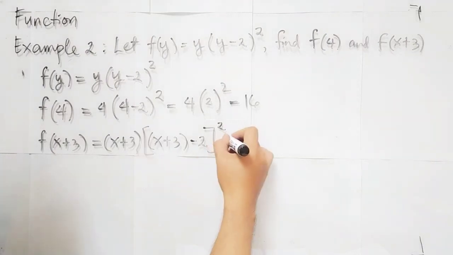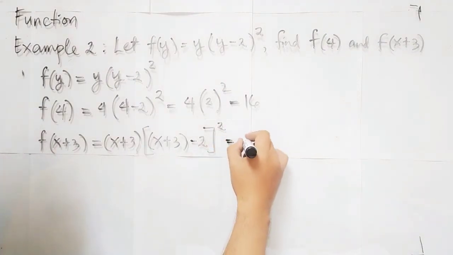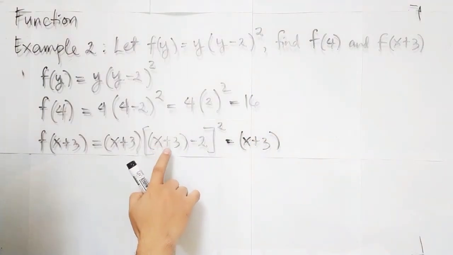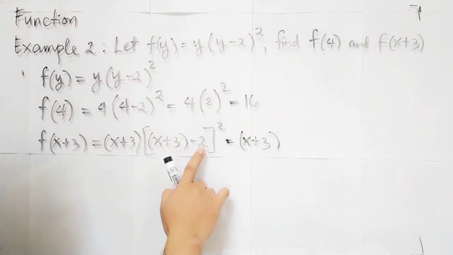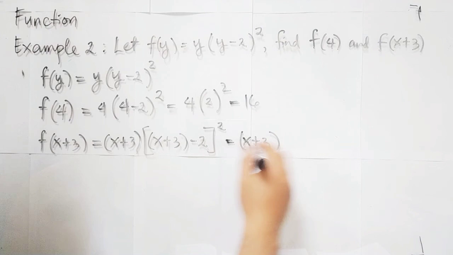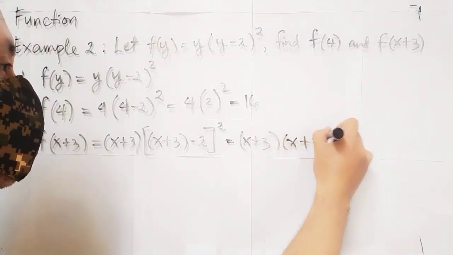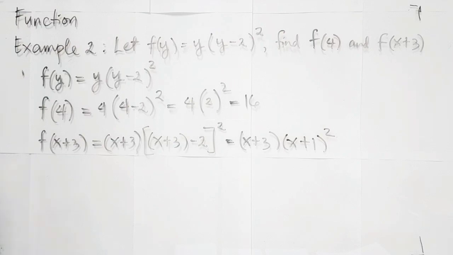That is equivalent to x plus 3 times, 3 minus 2 equals 1, so (x plus 1) squared.